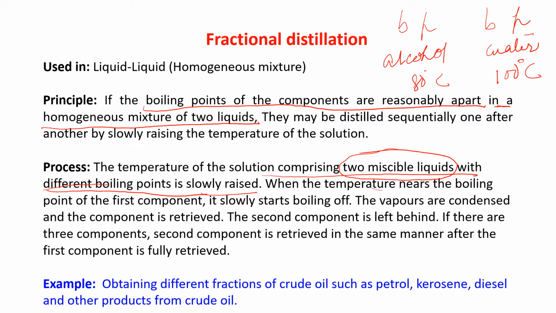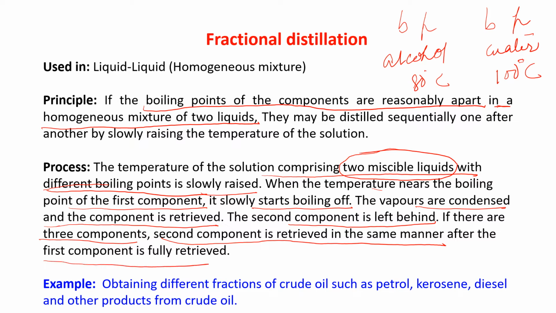When the temperature nears the boiling point of the first component, it slowly starts boiling off. The vapors are condensed and the component is retrieved. The second component is left behind. If there are three components, the second component is retrieved in the same manner after the first component is fully retrieved.